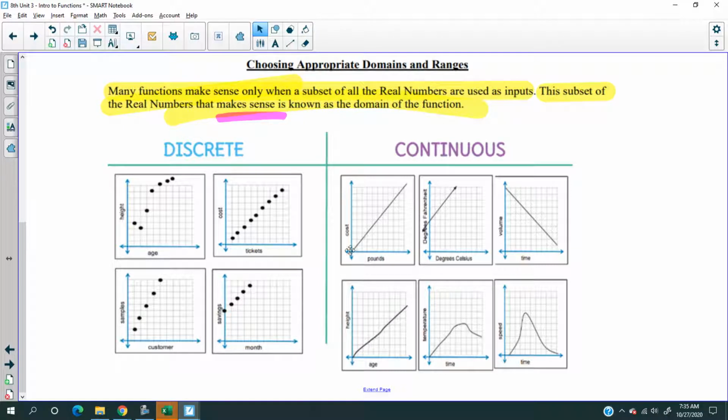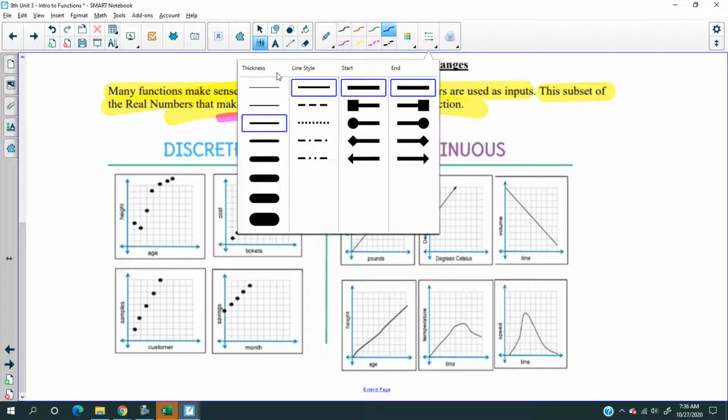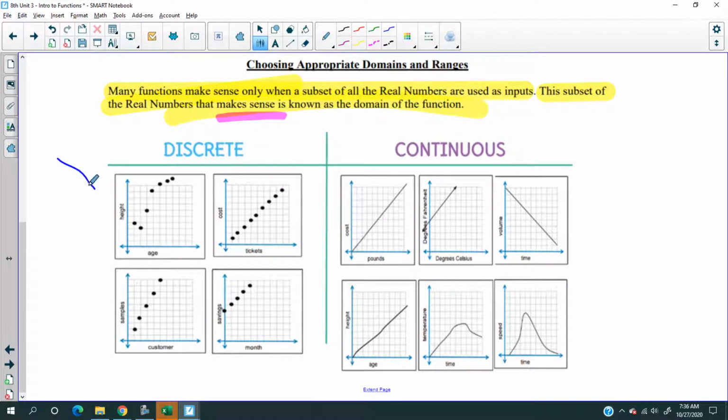Now, very quickly then, a discrete function, and this is the perfect day to bring this up because we are doing word problems, all right? So discrete function means it's not a continuous function, meaning the data points are not continuous, like they are whole numbers or integers, okay?